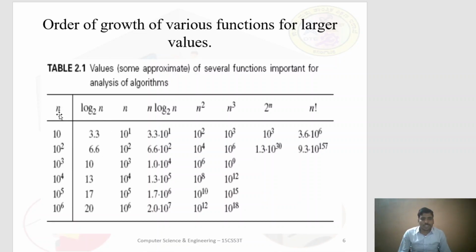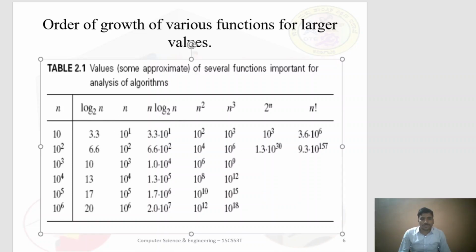So here it is n, which is the input size, and log base 2 of n, that is a logarithmic function. This is a linear function. This is also a logarithmic function, followed by this quadratic function, cubic function, and this is an exponential function and a factorial function.